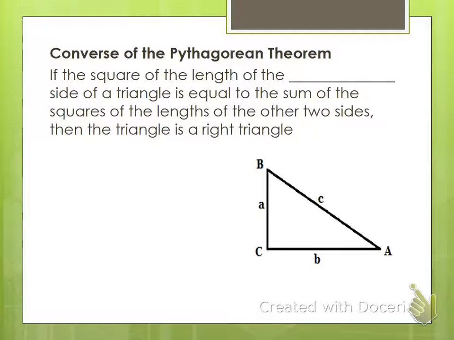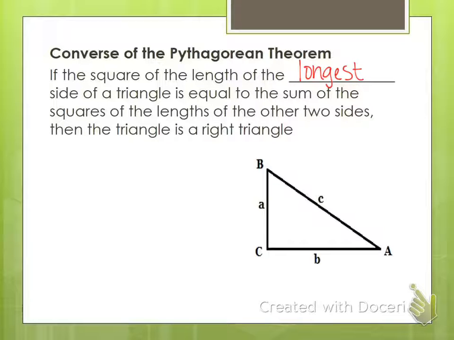All right. The converse of the Pythagorean theorem states, if the square of the length of the longest side of a triangle is equal to the sum of the squares of the lengths of the other 2 sides, then the triangle is a right triangle.